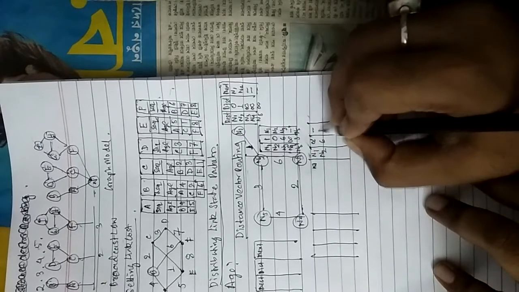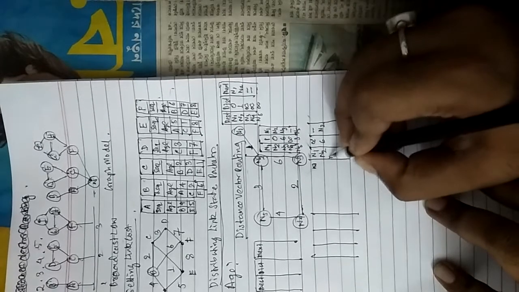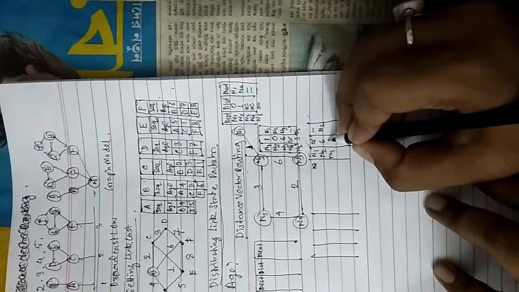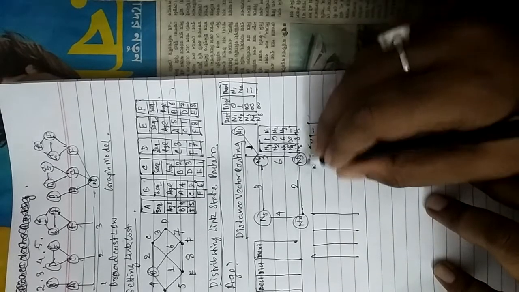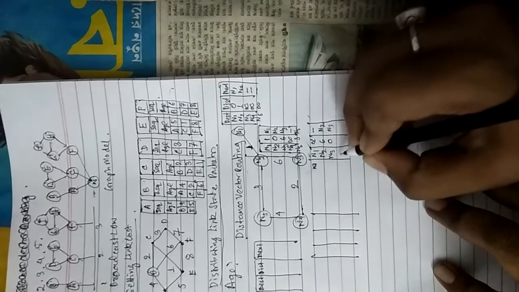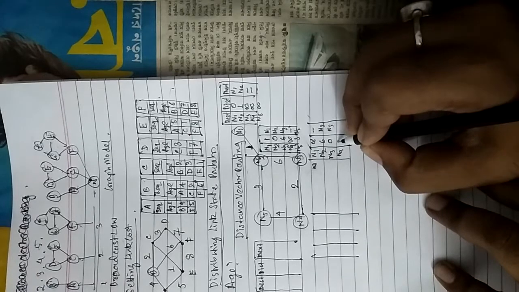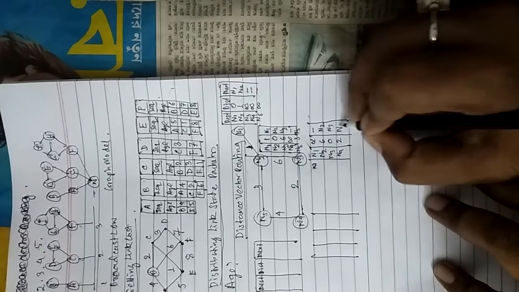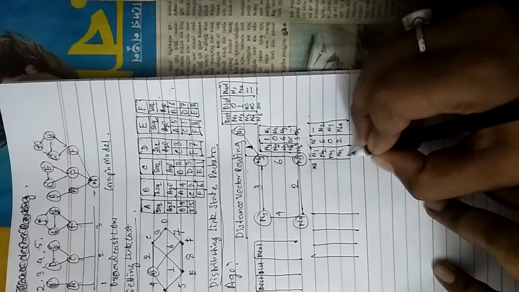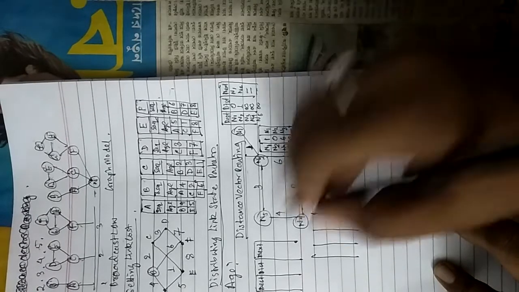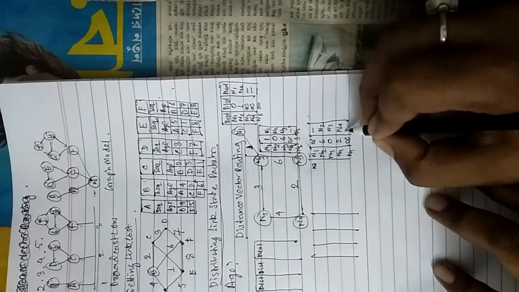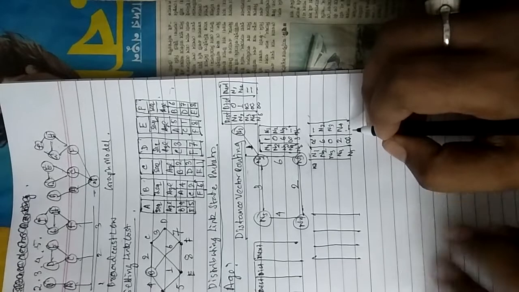To n2 it is 6, so I fill up the table. To n3 it is obviously 0, because from n3 you want to go to n3. To n4 it is obviously 2, next hop n4. And for n5 there is no direct path initially, so infinite.